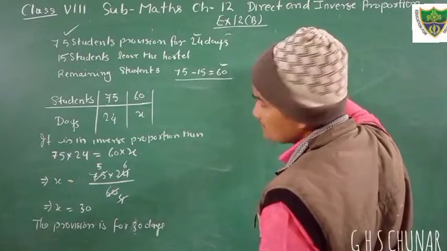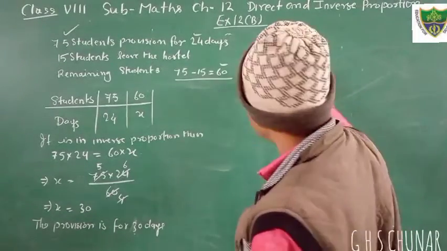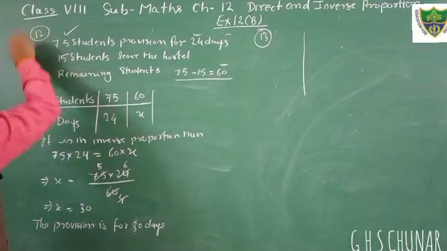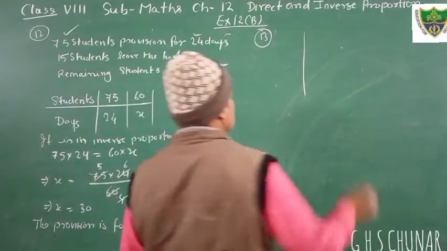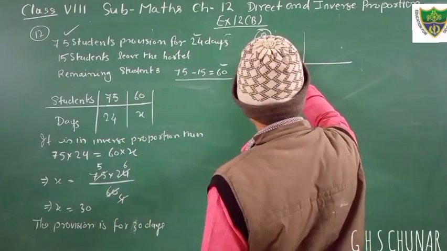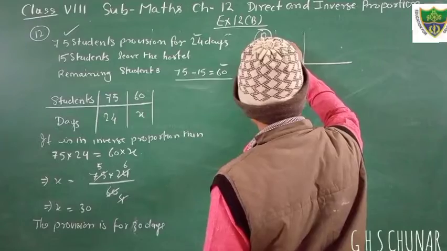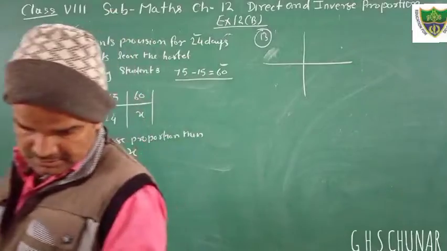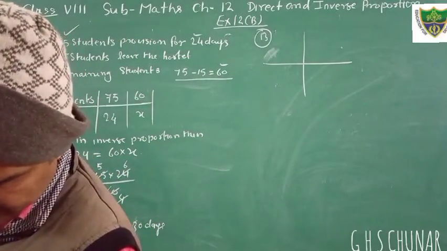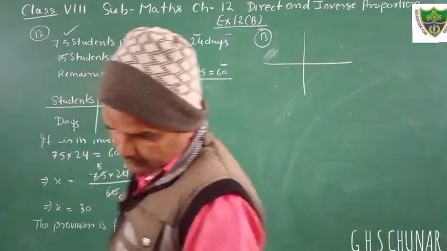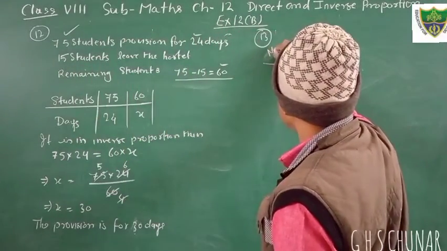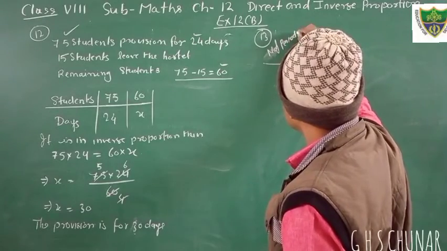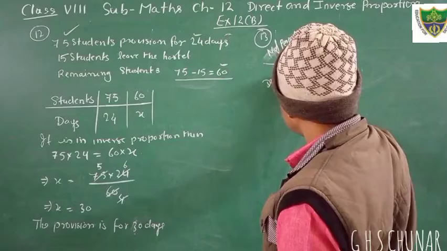This is question number 13. First, what is given: the number of periods and the duration of periods.